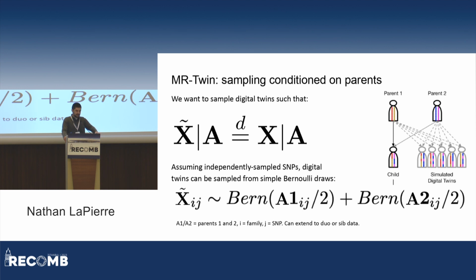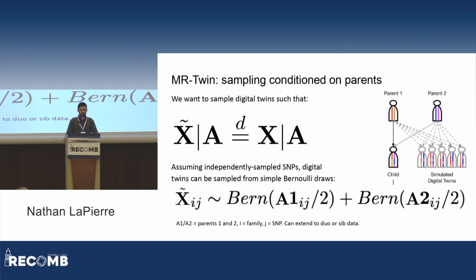Now the two parts of that. The first step is sampling conditioned on the parents. We want to sample digital twins, whose genotypes I'm denoting as X tilde, in a distributionally equivalent way to the true offspring genotypes. Normally this can involve some challenges, like haplotype phasing and then simulating recombination with an HMM.